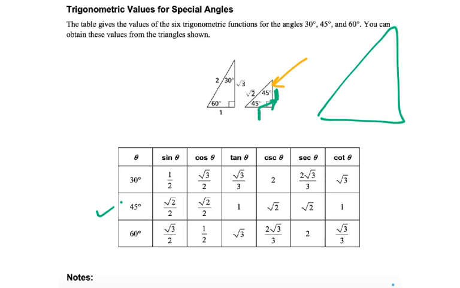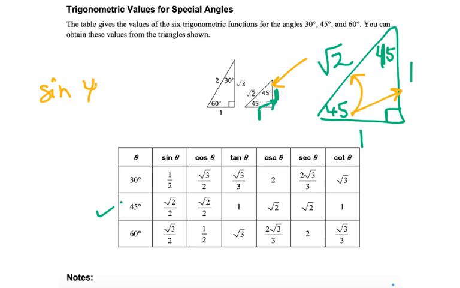I'm going to draw it bigger. This is 1, this is 1, this is root 2. So if you want to know what is the opposite over the hypotenuse, it'll be sine of 45 equals 1 over root 2.